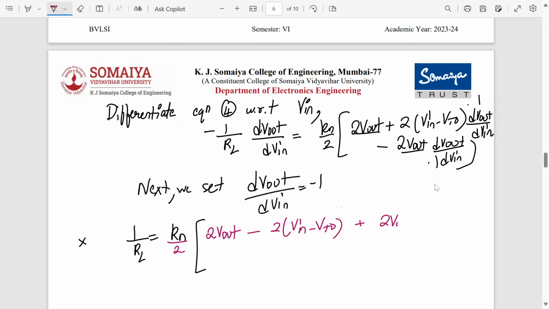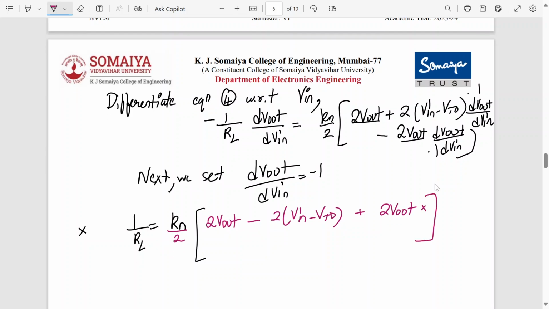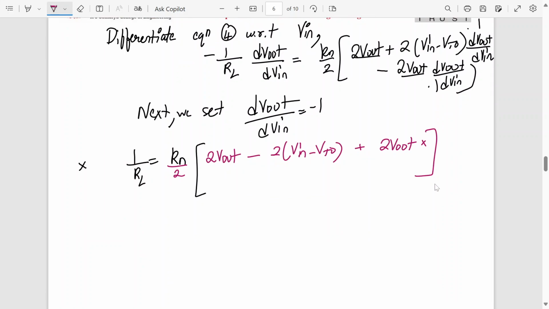Here it will be plus 2V out, dV out by dV in is what? Minus 1, so it is equal to minus 1, so this will be plus. Yeah, now it's correct. Now you can take this common, so 1 upon Kn into RL is equal to minus, this 2 will disappear and we are left with the terms 2V out, this is plus, then we have minus V in plus VTO.